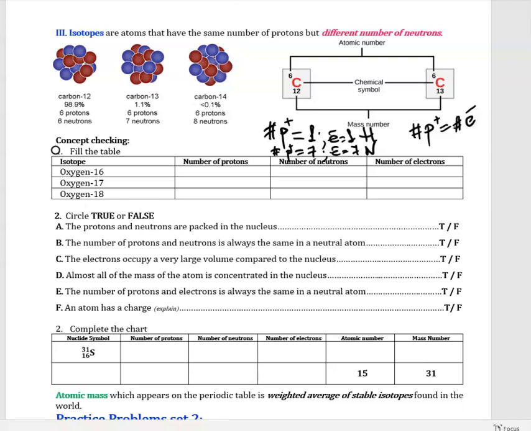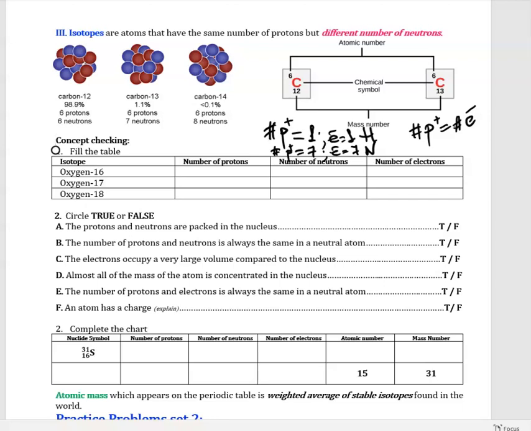But we didn't say anything about neutrons. Why? Because the number of neutrons is not really the same for atoms of an element. There are isotopes.